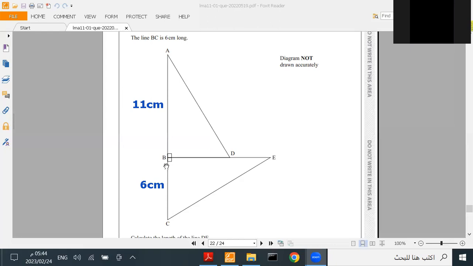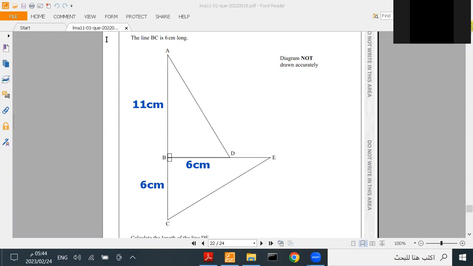And as we said, one of the lines should be the same, which is this one. When we say they are congruent, they are identical to each other. So it means that BD is 6. This is the right angle, and both triangles are the same. Here, this is 6 centimeters, which is BD.